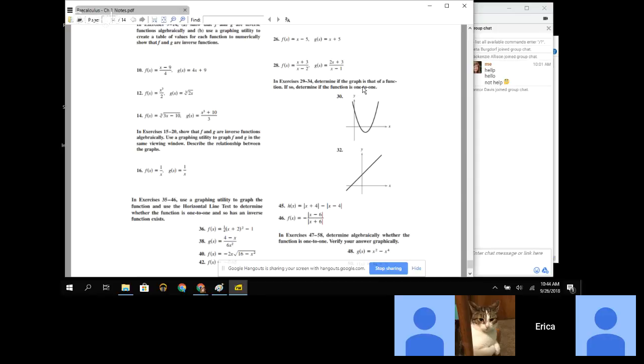I just wanted to point this out because I see this terminology of 1-to-1. So the idea of 1-to-1 means it passes both the horizontal and vertical line test. Okay. And that is all I want to say about this section.